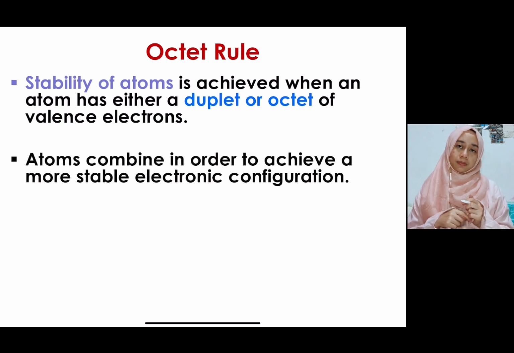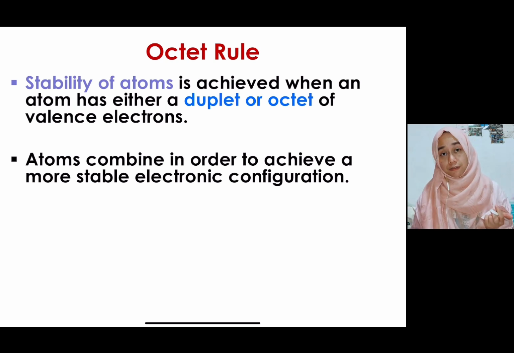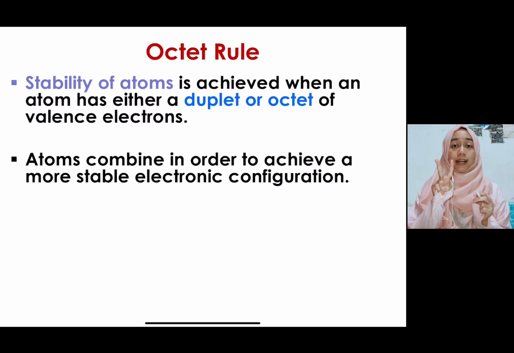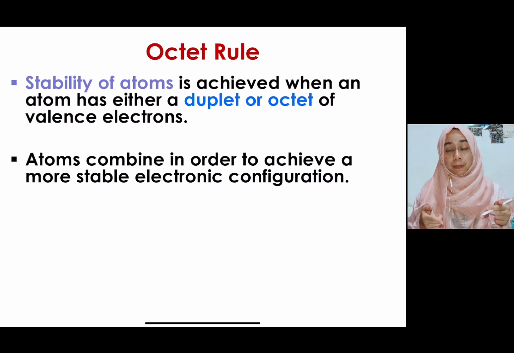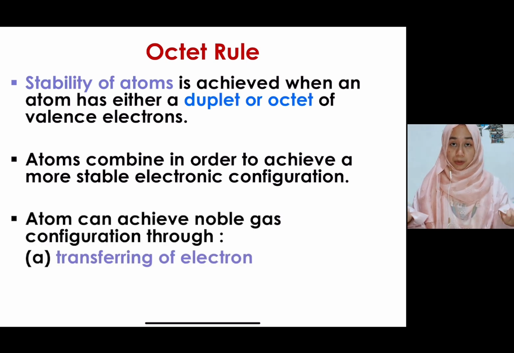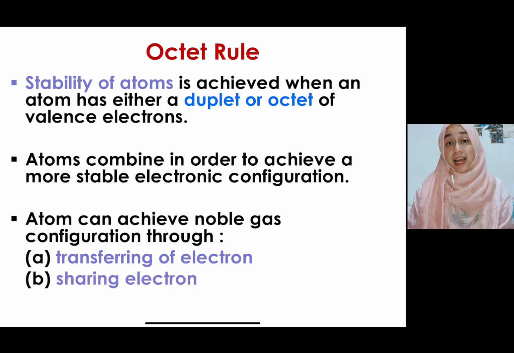So atoms combine in order to achieve a more stable electronic configuration. So that is why atom ada 2 cara kan, dia akan buat in order untuk dia achieve stability ni. Okay, sama ada dia akan transfer dia punya elektron ataupun dia accept dia punya elektron, or another way is dia akan share electrons dia.